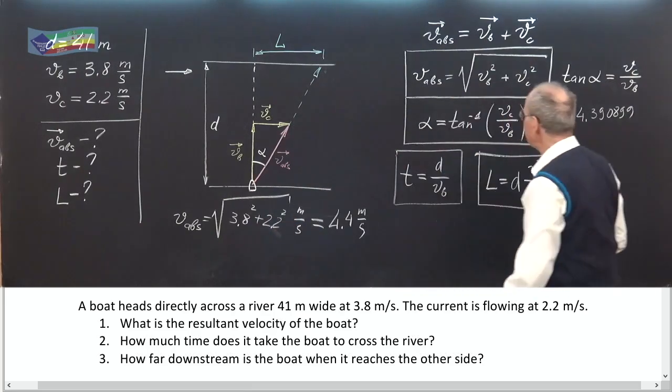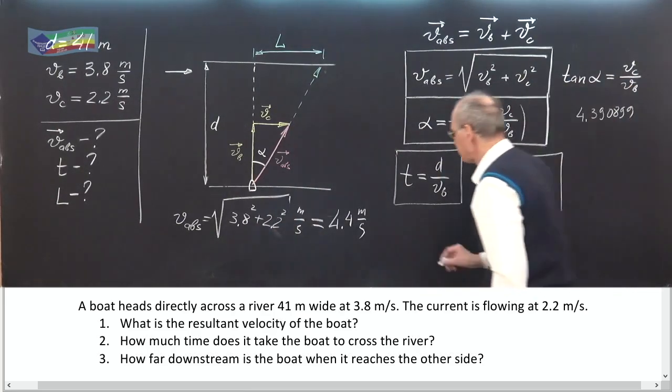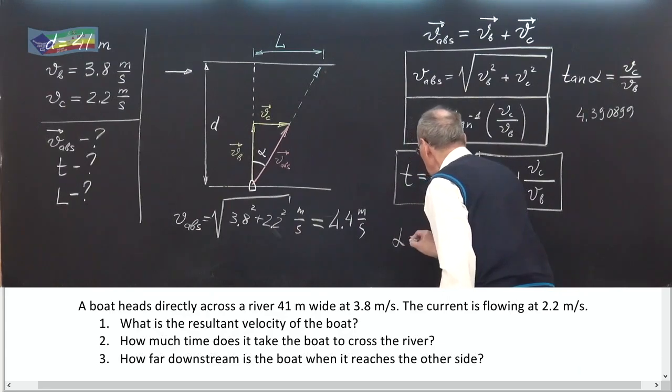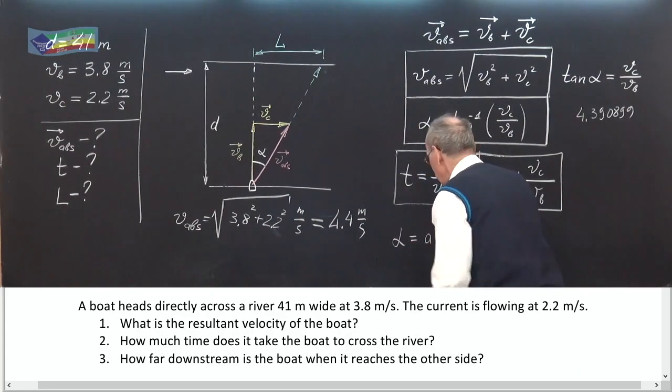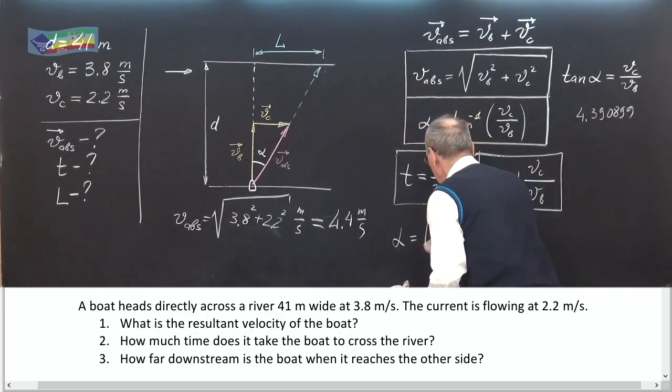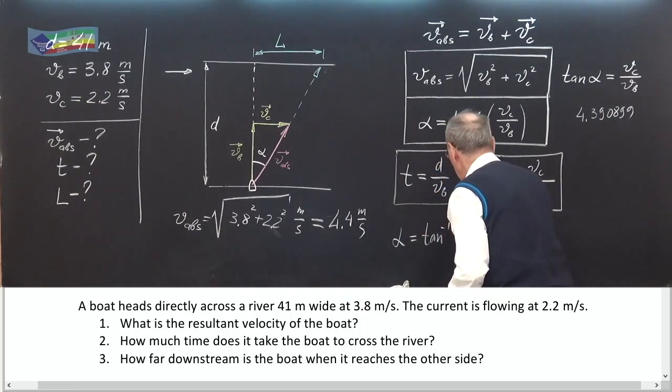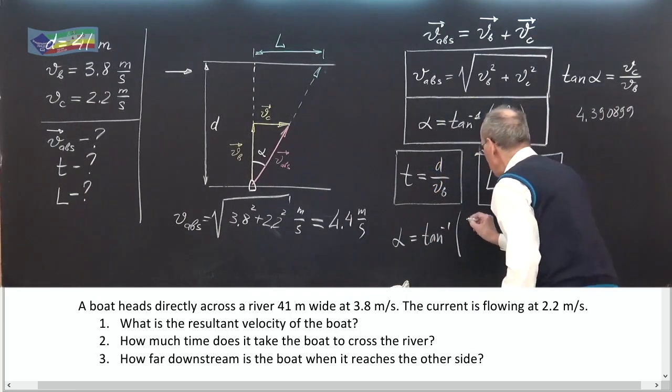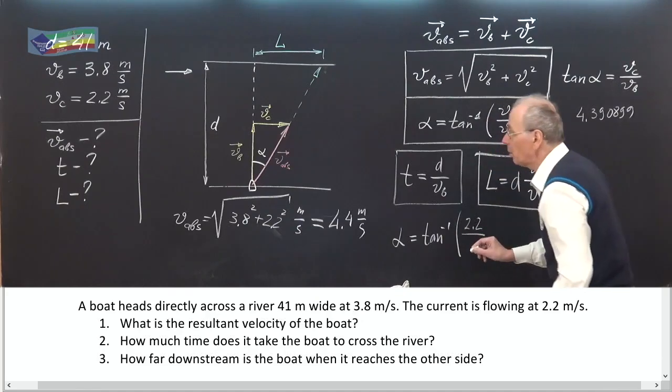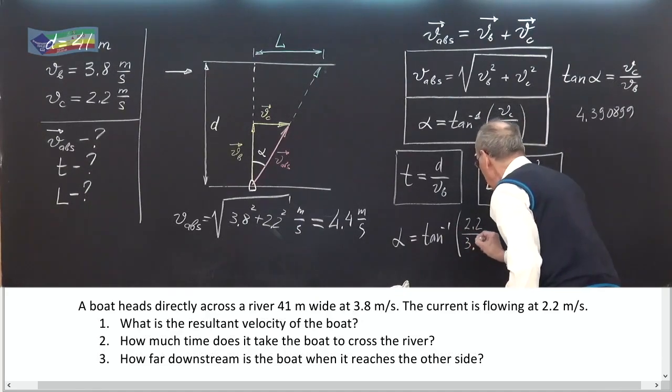The next, alpha. Alpha is inverse tangent of 2.2 over 3.8.